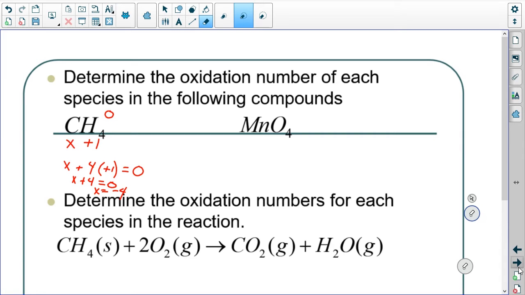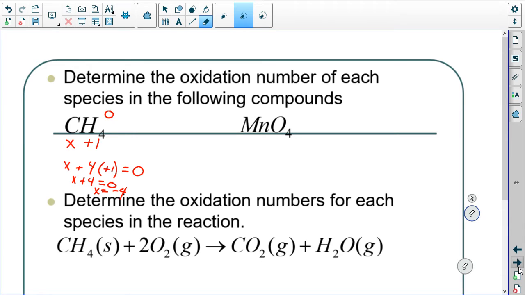And what that tells me is that carbon has a stronger pull for electrons than the hydrogen. So it's going to get the electrons just a little bit more often than the hydrogen, and we're going to do that 4 times. So that's why we get a -4. It has 4 apparent extra electrons.